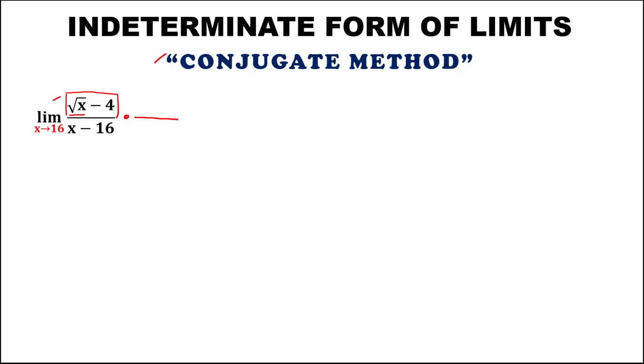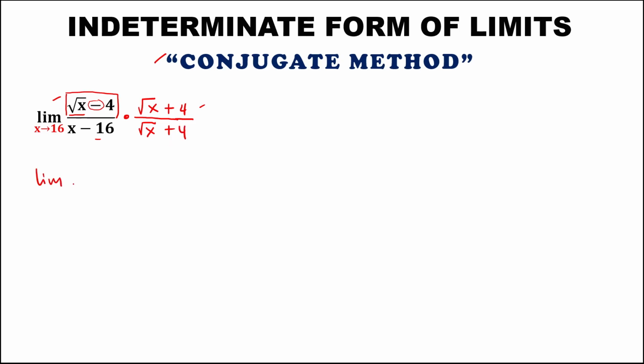The conjugate is just the opposite sign. So times square root of x, since this one is negative, the opposite sign is the conjugate. So this becomes plus 4. Then the denominator is also multiplied by the same value, so times square root of x plus 4.